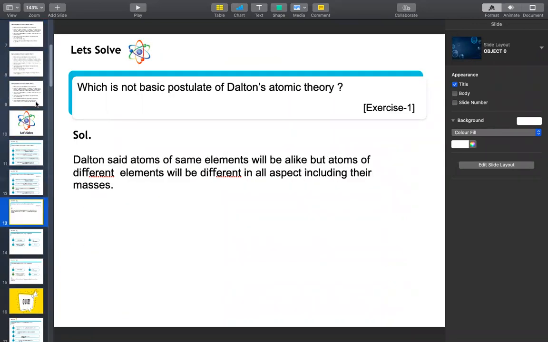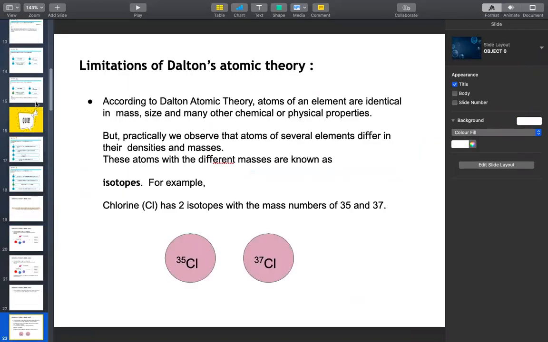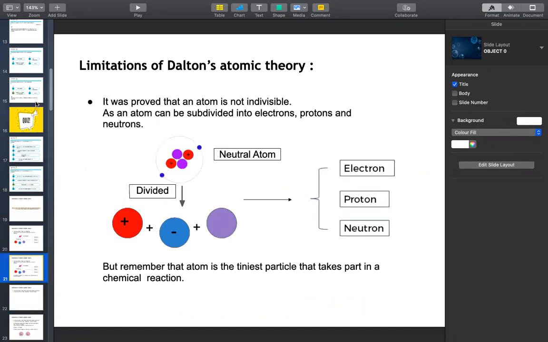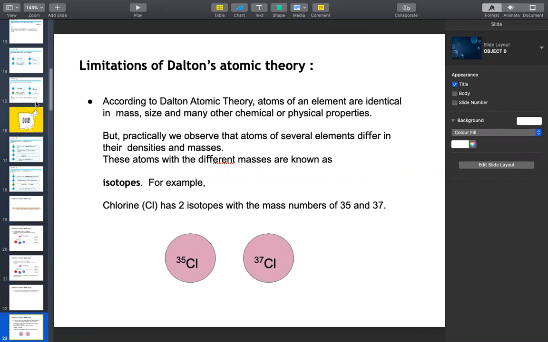So the one after the slide that stated that atoms are not indivisible. So the second limitation. This is the first only; the second, I didn't give time to write. So atoms of identical shape and size, but this is the limitation. The discovery of isotopes proved that wrong: according to this theory, atoms of the same element could be different.